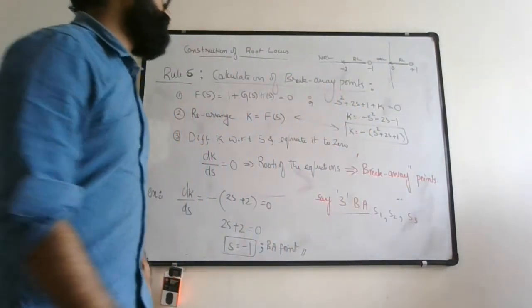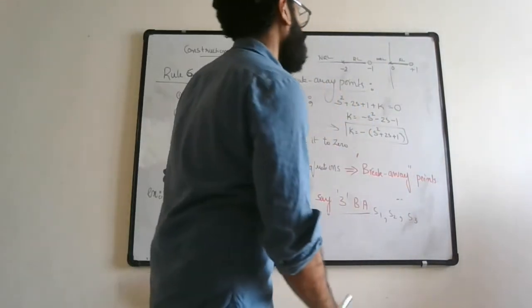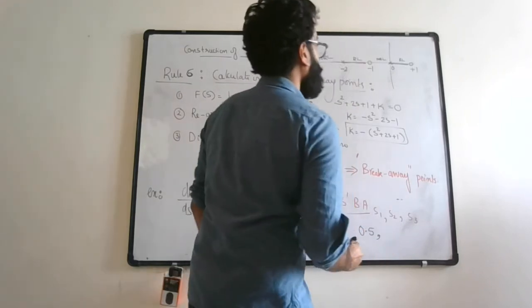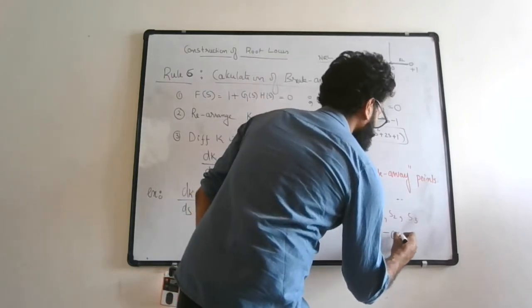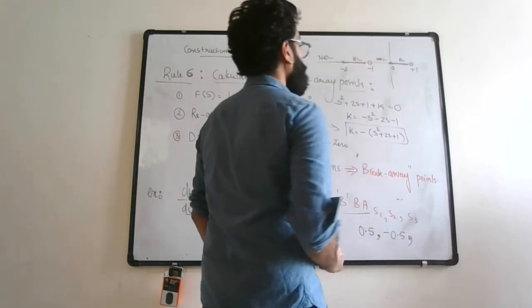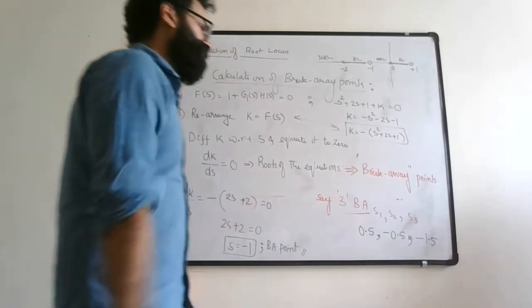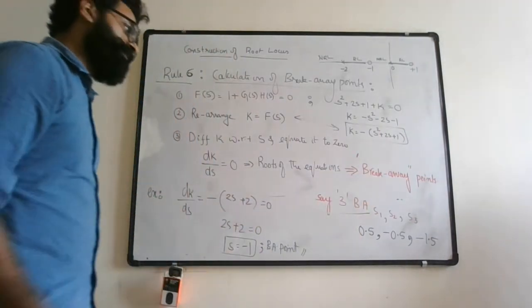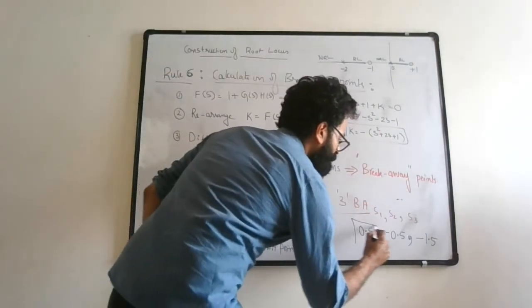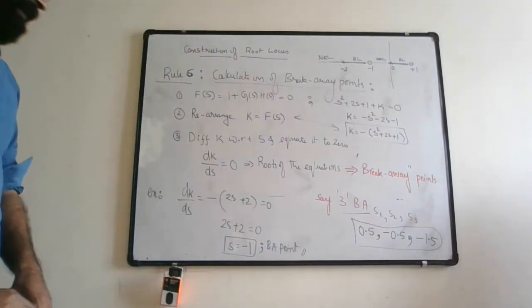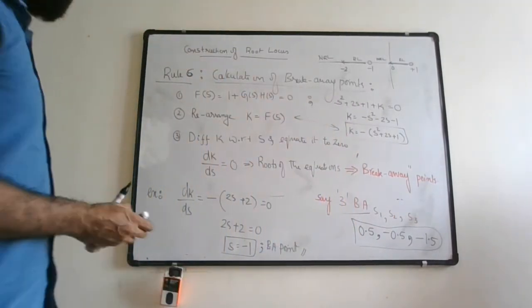Let us say our breakaway points are 0.5, minus 0.5, and minus 1.5. Say when we differentiate and equate to 0, we get these breakaway points. Now, how will you check the validity?